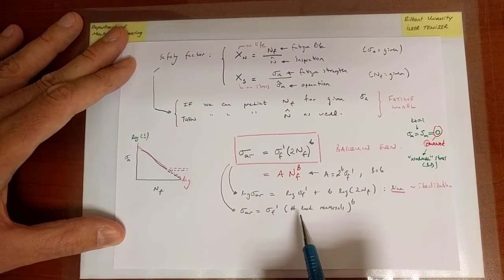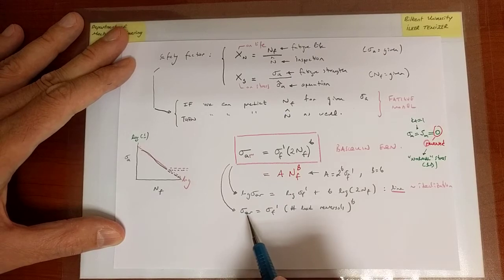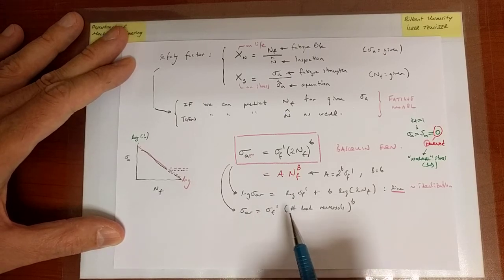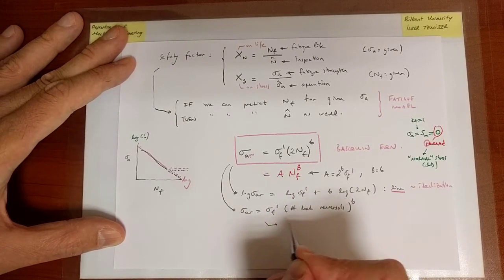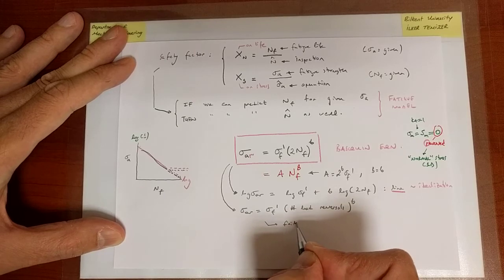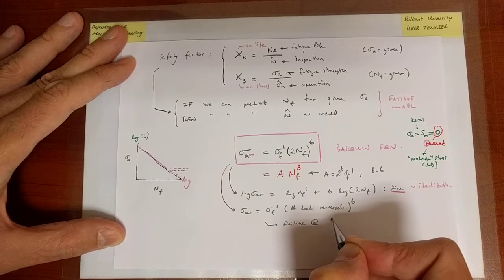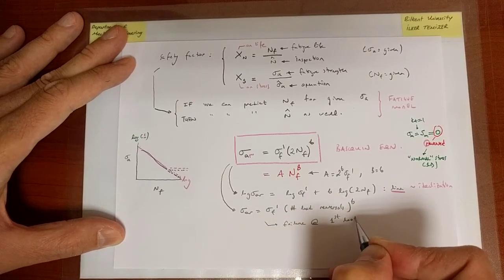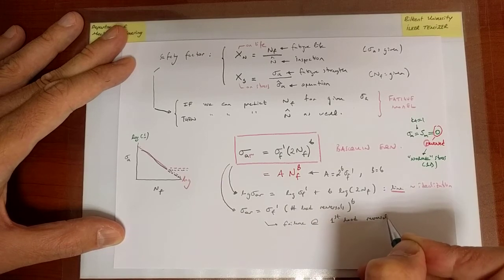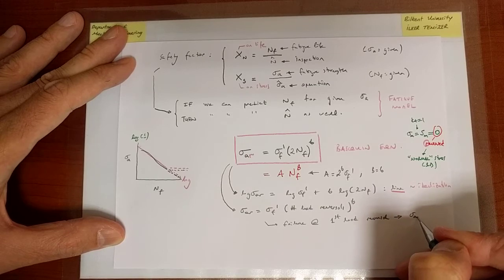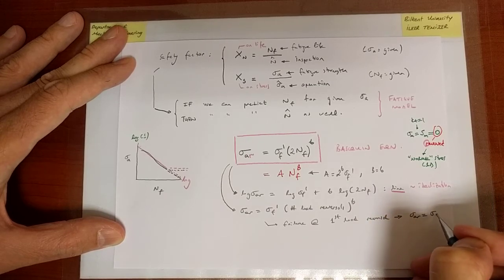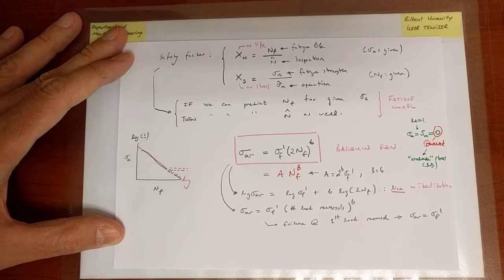So you might ask, well, what if the stress amplitude is so large that failure occurs at the first load reversal? Now, we see from this expression that for that to happen, sigma_aR must be equal to sigma_f prime.